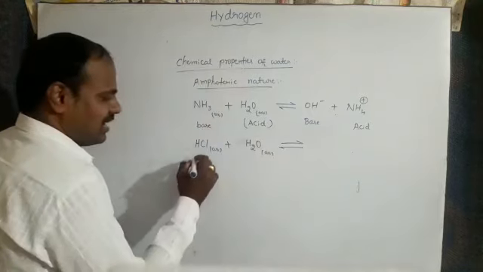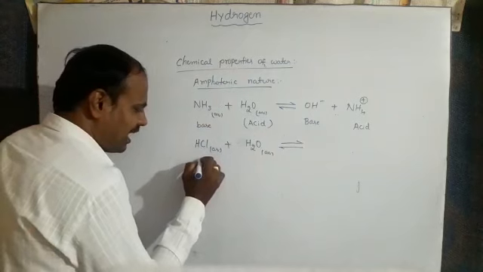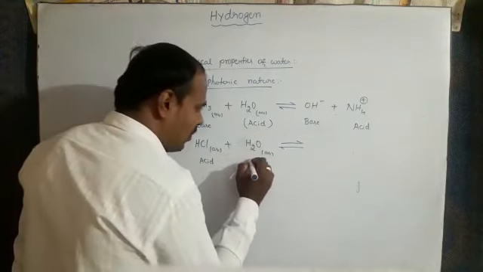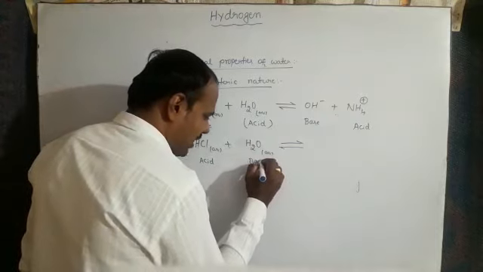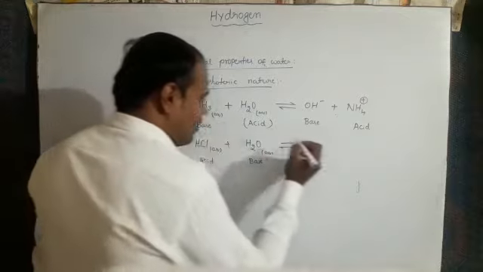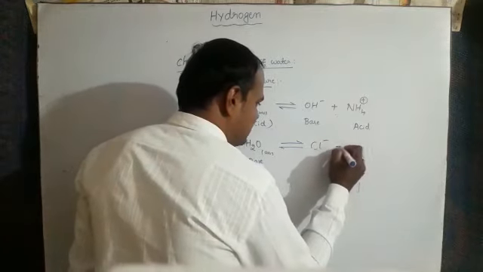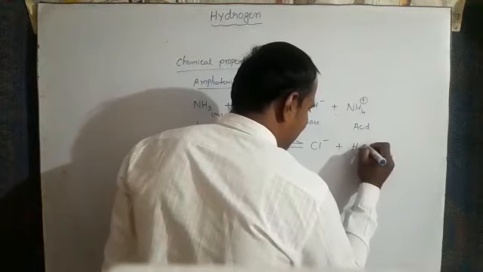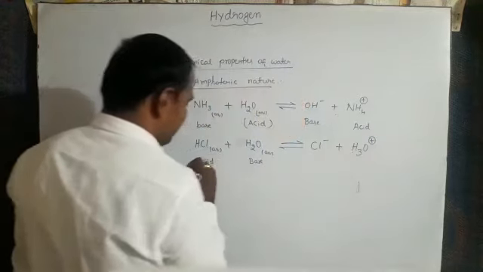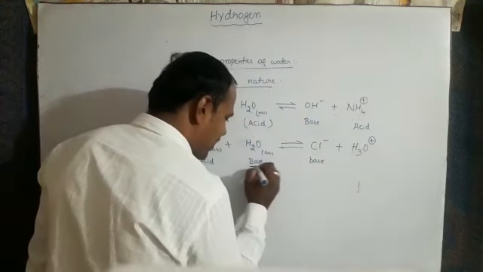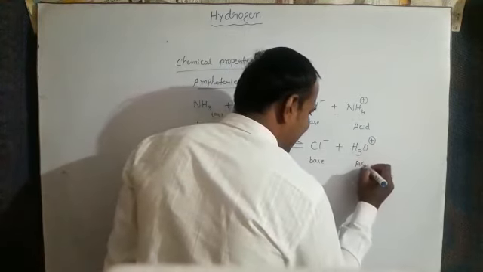In this chemical reaction, hydrochloric acid behaves as acidic in nature, and the water molecule behaves as basic in nature. An acid is a proton donor, giving Cl minus, and a base is a proton acceptor, giving H3O plus. This is acid, this is conjugate base. This is base, this is conjugate acid.